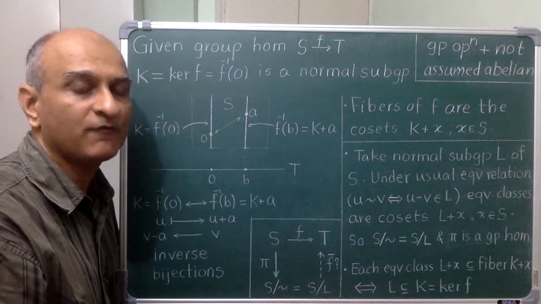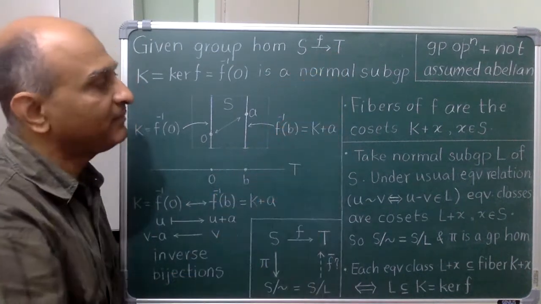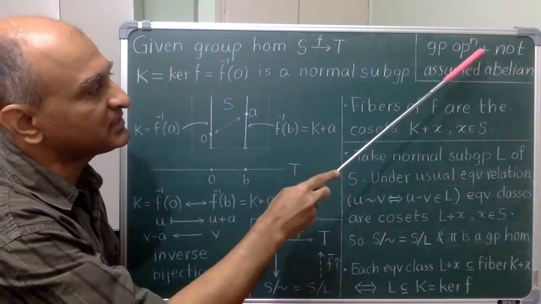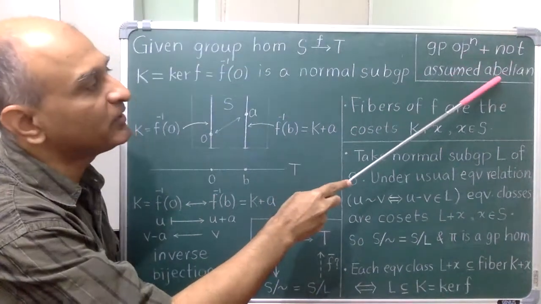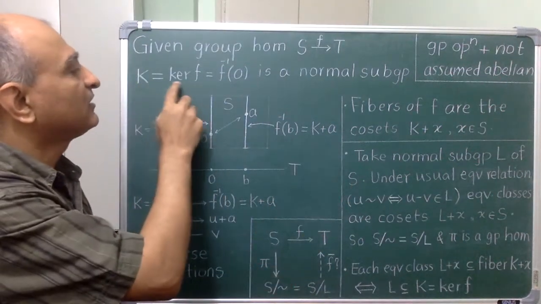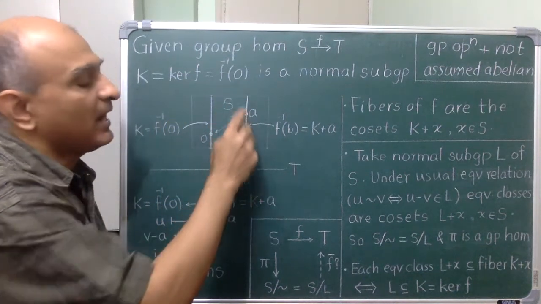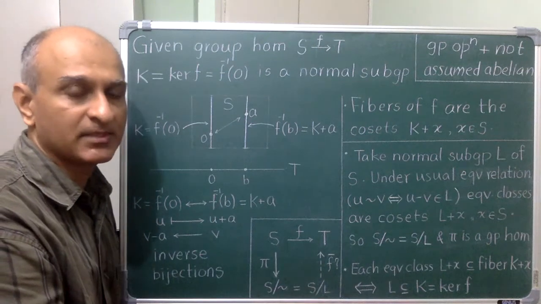Take a group homomorphism F from group S to group T. I am denoting the group operation by plus, but not assuming it to be commutative here. K is the kernel of F. By definition, it is the fiber over 0. And remember that K is a normal subgroup.